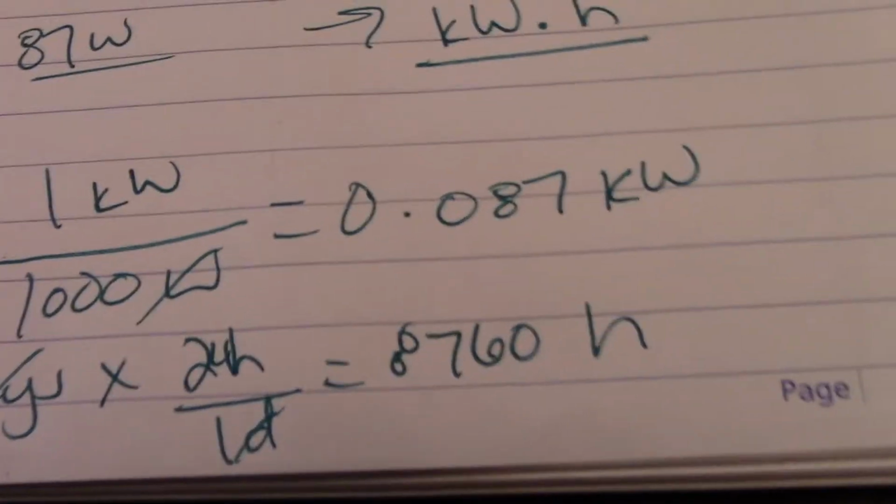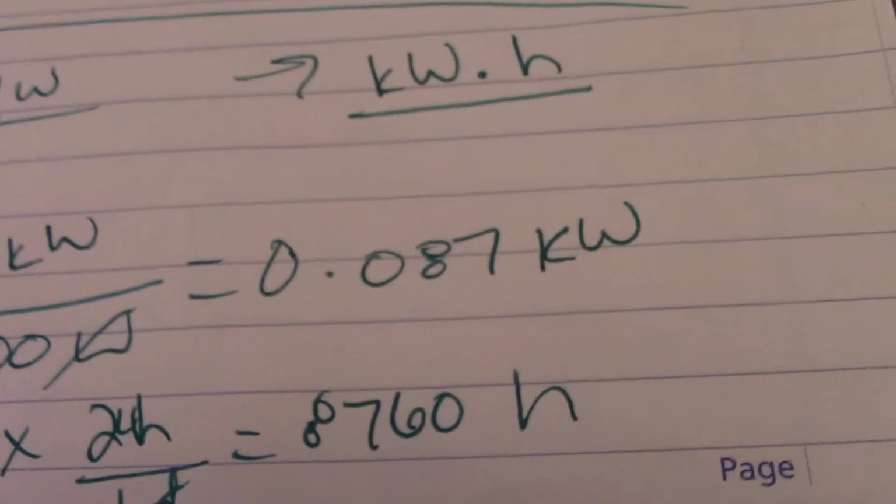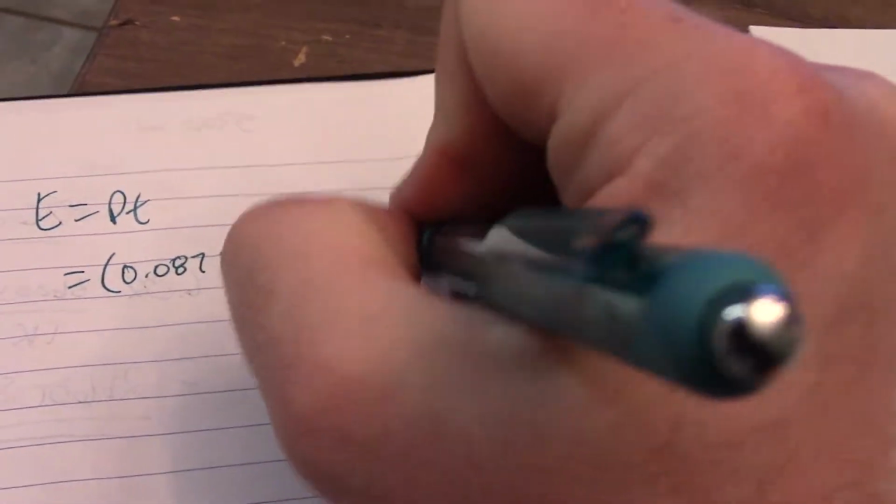So I can use this equation: energy equals P times T. I have the power in kilowatts and I have the time in hours. I calculate my power bill, and that's 0.087 kilowatts multiplied by 8,760 hours.